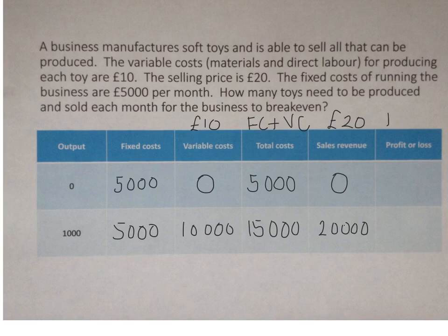So I'm going to show the examiner I know that to work out the profit or loss at a given number of units, it's total revenue minus total costs. So it would be 0 minus 5,000, which is a loss of 5,000. Remember, I'm putting the brackets around it to make it obvious.